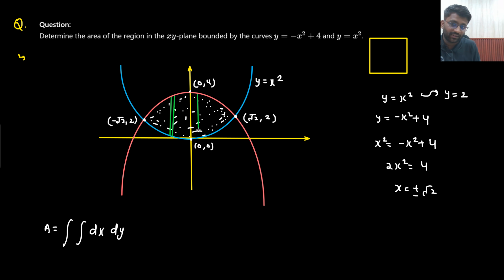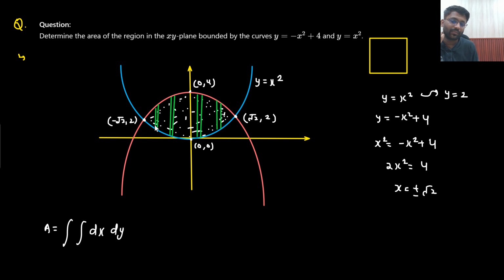you move the strip here. Are you encountering any breakpoint? No, no breakpoint. Try moving the strip here and here. Everywhere the definition is the same. What is the definition saying?